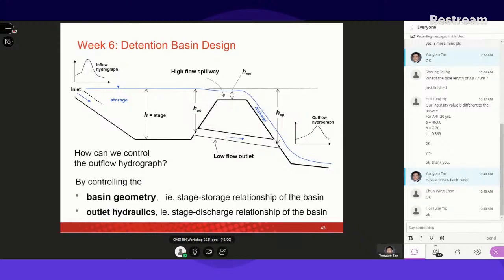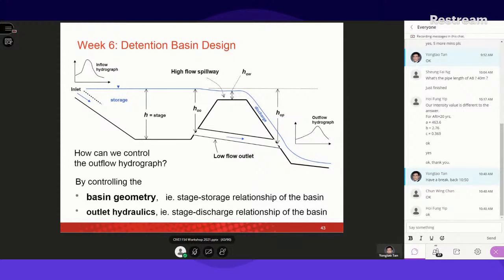Another is the outlet hydraulics, meaning the stage-discharge relationship of the basin. Stage means the height of water in the basin, and the relationship to the discharge from the outlet structure. So there are two methods used to control the outflow hydrograph: basin geometry and outlet hydraulics.